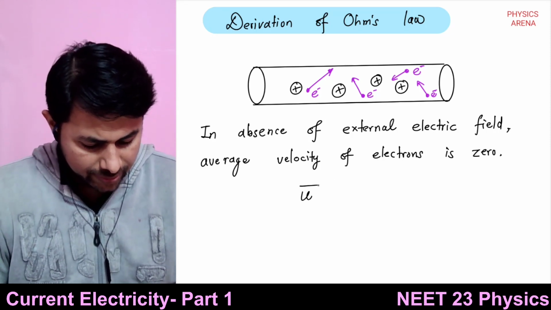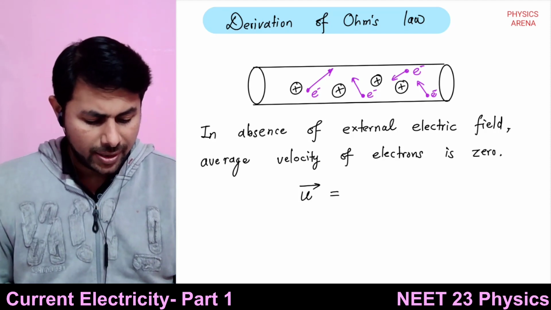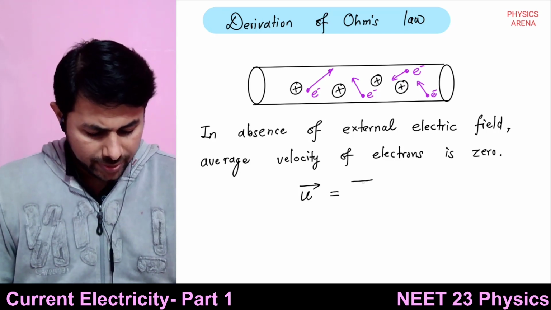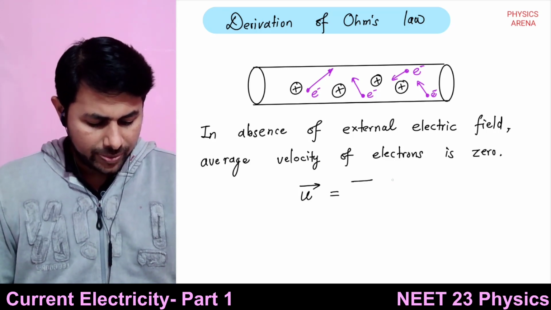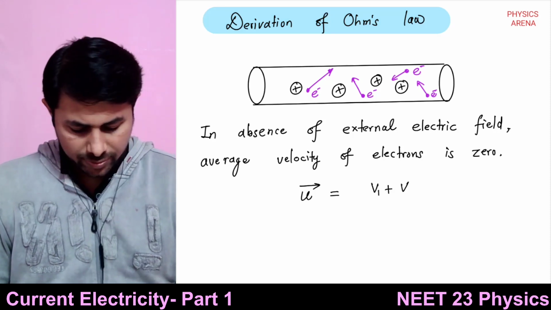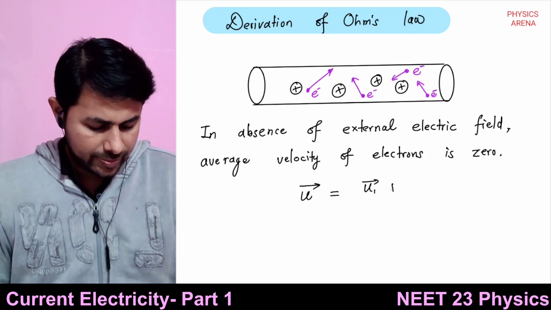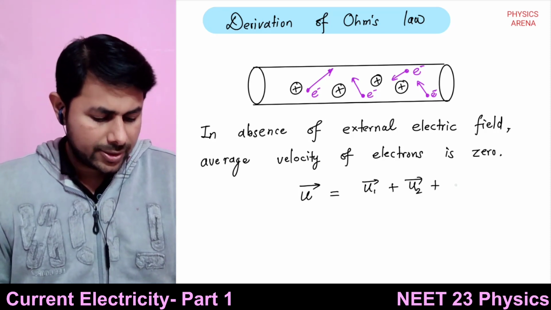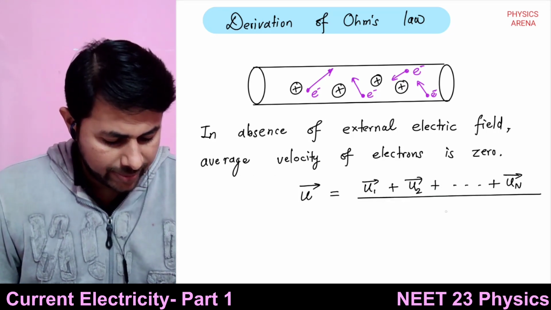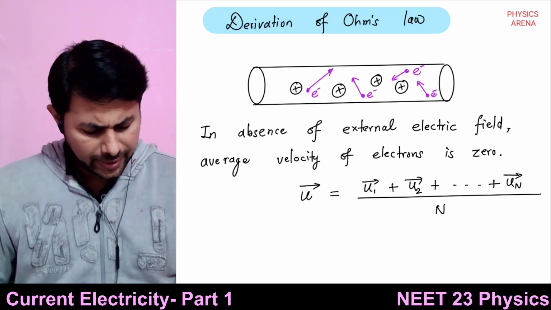So how can we write u? It will be u bar. This is three-dimensional, right? U bar is equal to, suppose there are n number of electrons, so it is the sum of u1 plus u2 plus so on and so forth up to plus un bar divided by n, where n is the number of electrons, right?